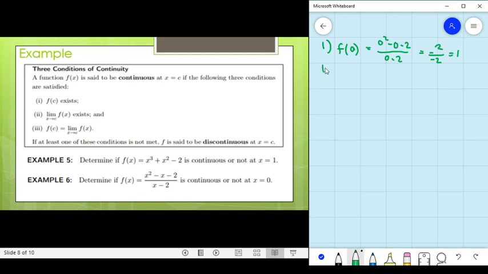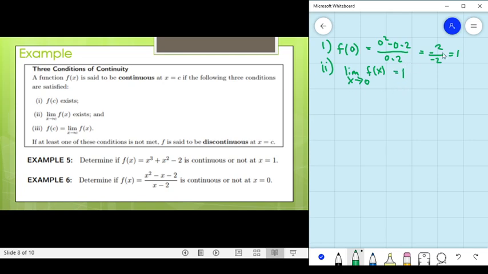Okay. For the second one, we are going to find the limit of f of x as x approaches 0 from the right and from the left. So notice that from the right, as x approaches 0, the answer is 1. And from the left, the answer is 1 also. So therefore, the limit of f of x as x approaches 0 exists, and the answer is 1.